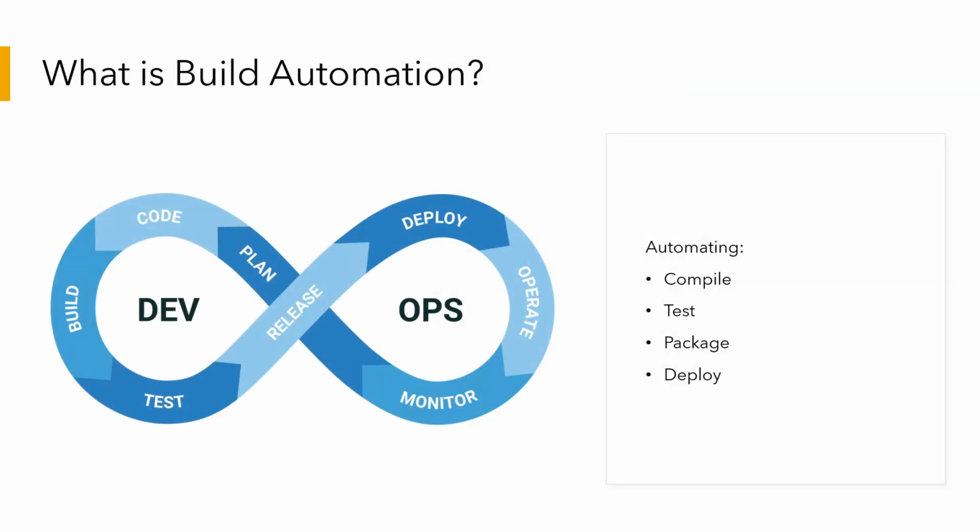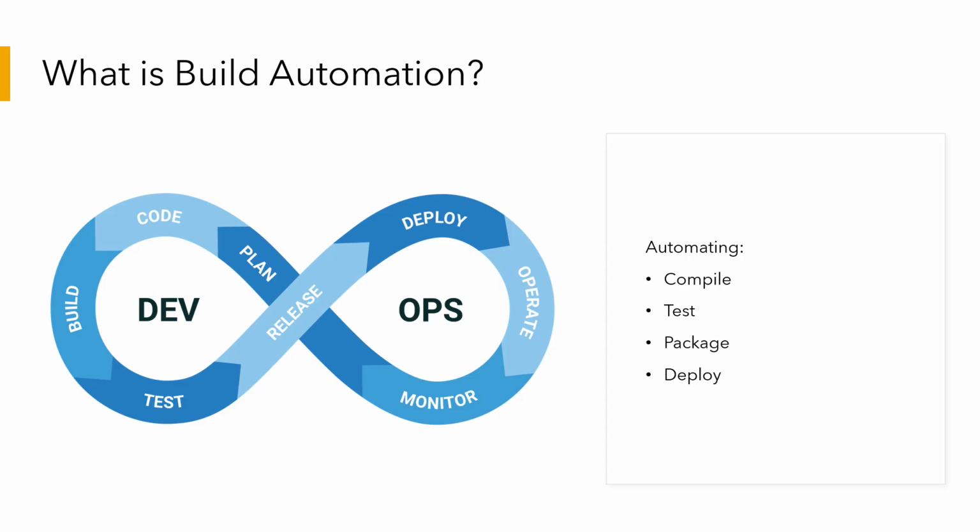So what is build automation? Well, build automation is the process of using tools to automatically perform the steps required to prepare software for use. These steps typically include compiling the code, running tests, packaging the application, and sometimes deploying it. In a manual process, a developer would need to run each of these steps individually, which takes time and increases the chances of mistakes.